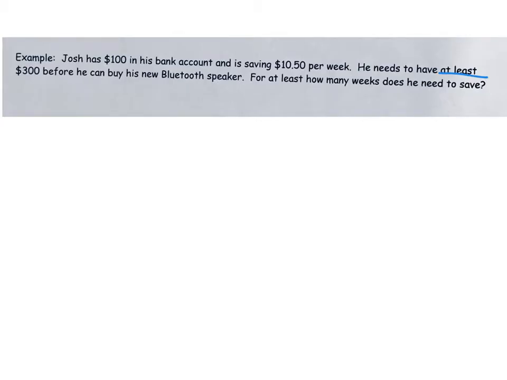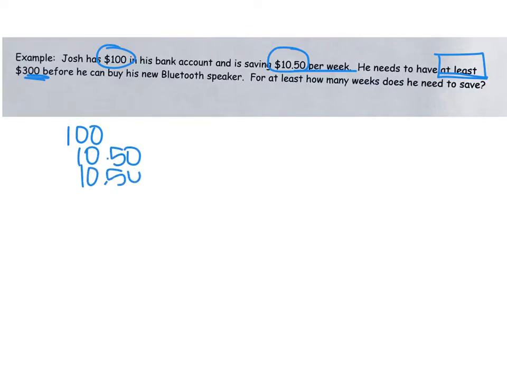In this example, Josh has $100 in his bank account, and he's saving $10.50 per week. We want to know when he has at least $300 so that he can buy his new speaker. So I'm thinking he has 100, he's adding $10.50 the first week, $10.50 the second week, $10.50 the third week, and so on.